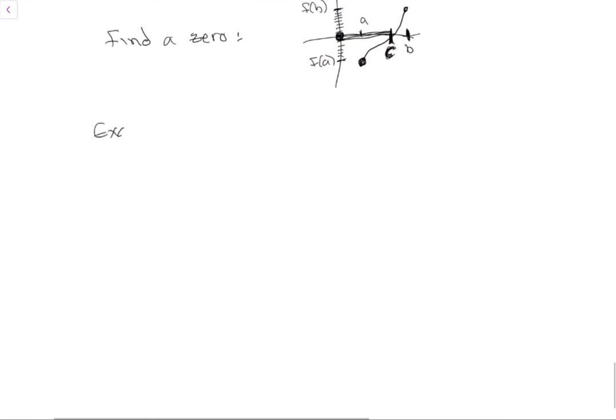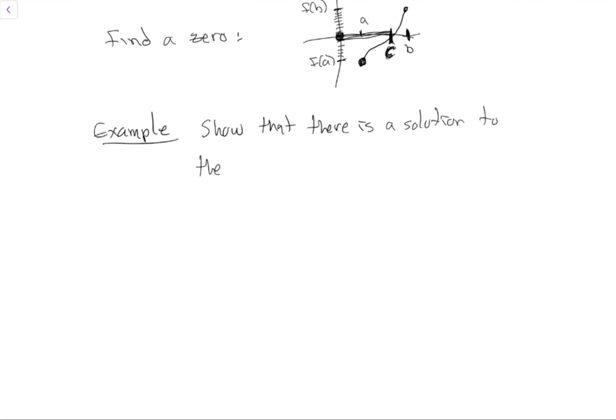So let's take a look at an example, and let's say in this example we want to show that there is a solution to the equation 4x^3 - 6x^2 + 3x - 2 = 0 between x equals 1 and x equals 2.